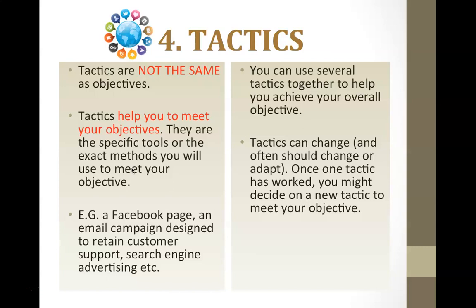But the tools and the methods that I then employ are the tactics to achieve that goal. We have examples there of a Facebook page and email campaigns designed to keep customers or get new customers. We can use search engine advertising, and we'll look at some examples of tactics now.